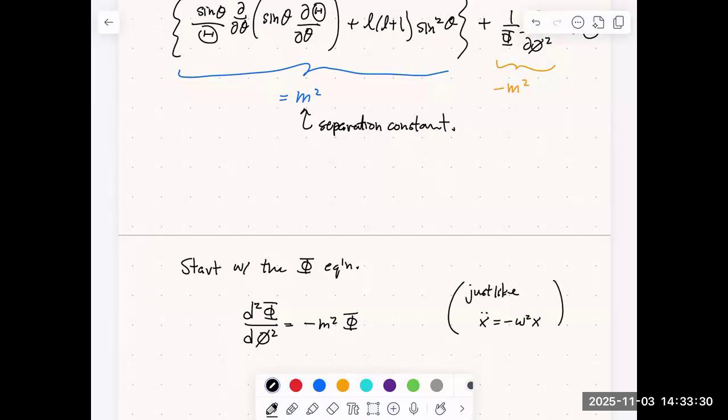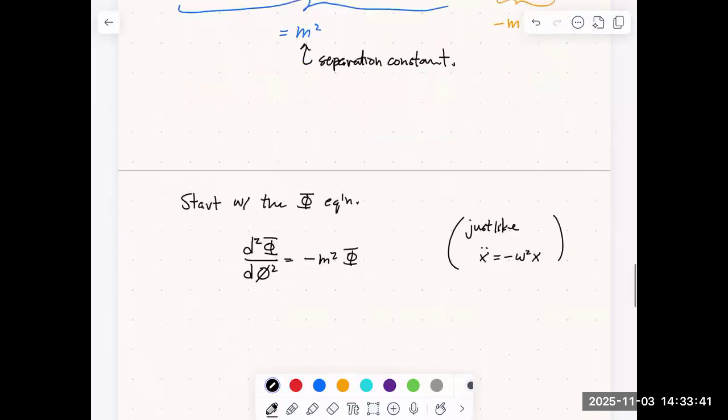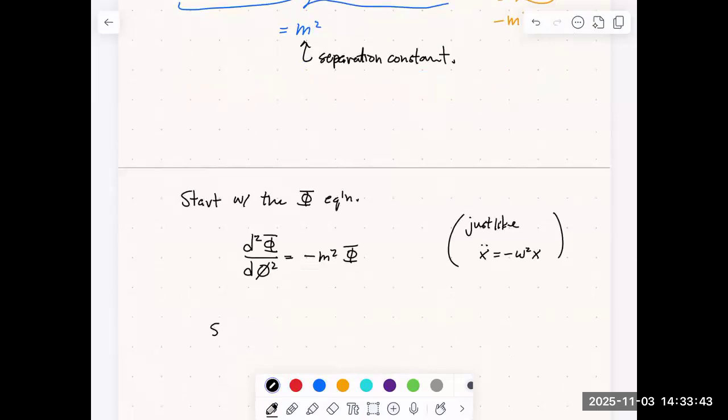Okay, so we need some kind of function where when you take two derivatives, it returns the function itself times minus some constant. And the solution is phi equals e to the plus or minus i m times phi.